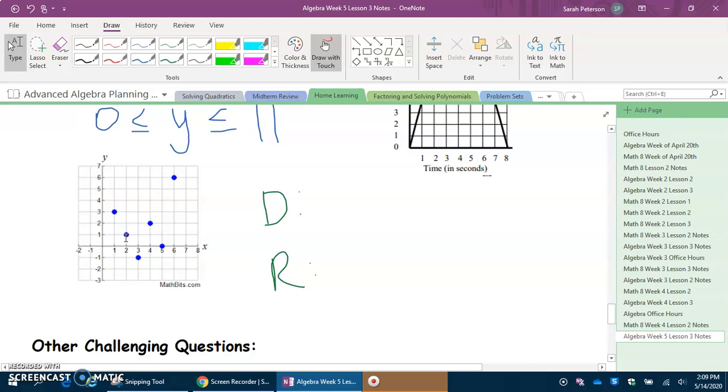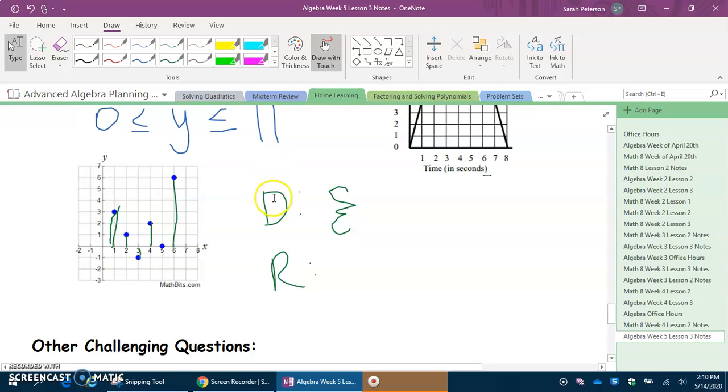So if we're looking at the domain of this, we're just going to look at the values where the points are. So for example, I'm looking at the x value, so my domain, and since it's not continuous and there's only specific points, I'm going to have to use set notation or the curly brackets. So if you look at these points, there's a domain of 1, 2, 3, 4, 5, and 6.